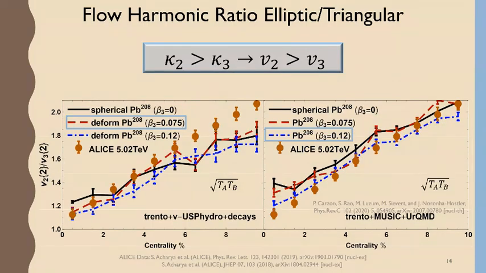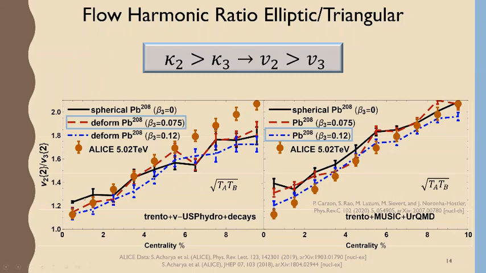So now looking at what hydro has an effect on with this V2 to V3 ratio, here are plotted both the spherical version and then the 0.075 beta 3 and the 0.12 for both VUSP hydro on the left and MUSIC on the right.